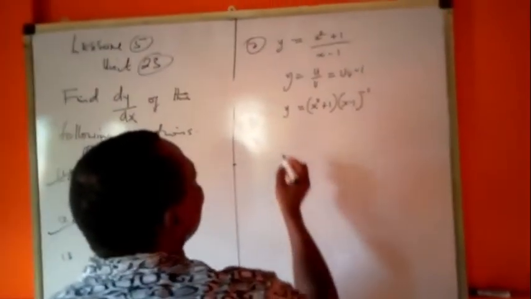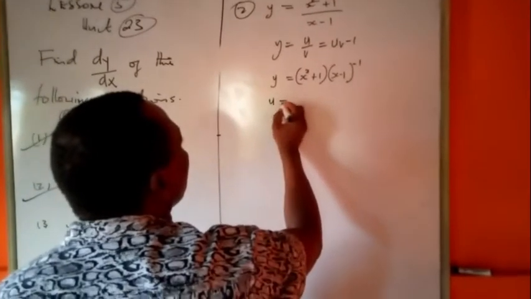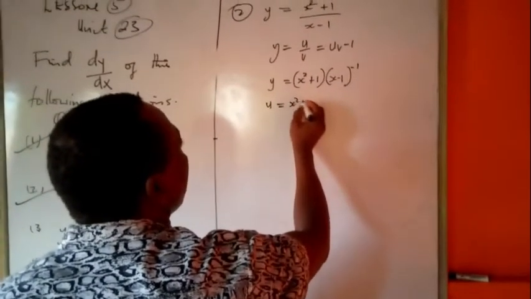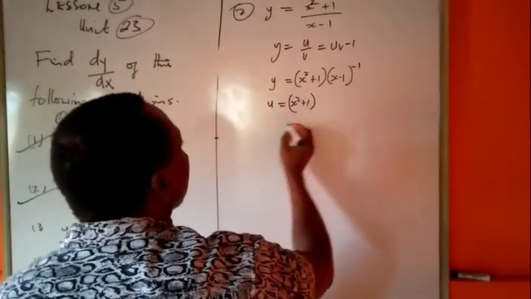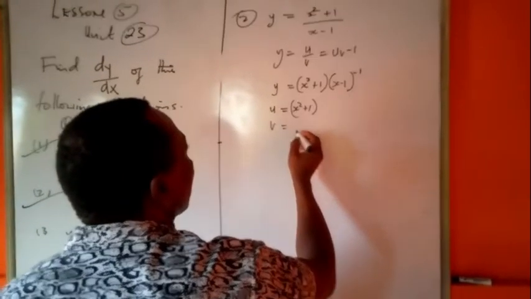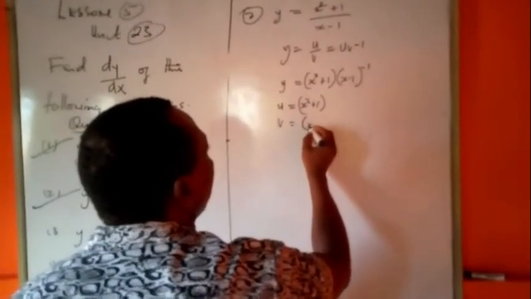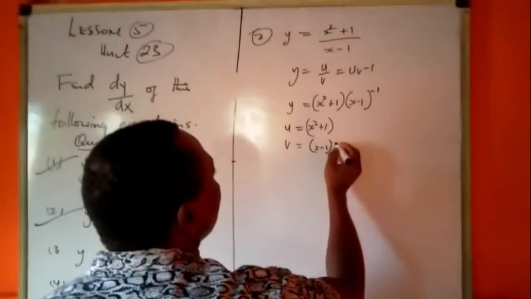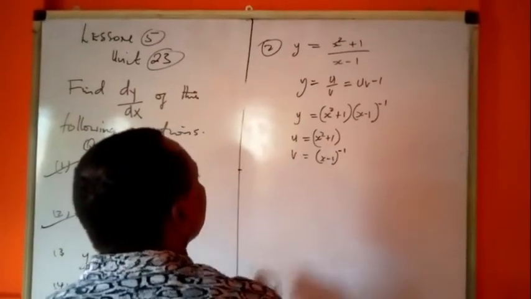And the next thing you do, your u will become x squared plus 1 and your v will become x minus 1 raised to power minus 1.